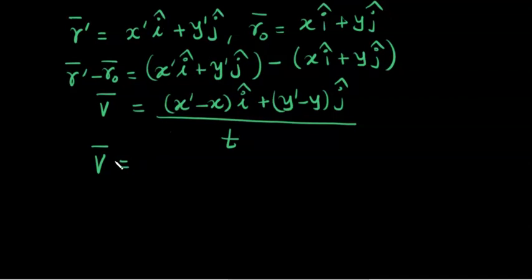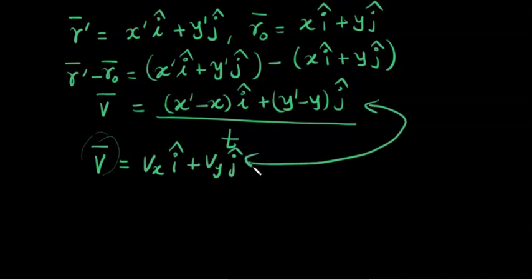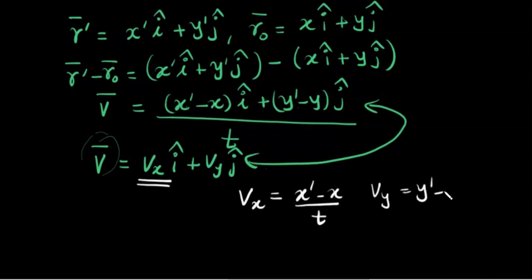Now if I write the velocity vector in terms of components, vx i cap plus vy j cap, and compare these two equations, what do I see? You can see that vx must be equal to x dash minus x by t, and vy will be equal to y dash minus y by t.